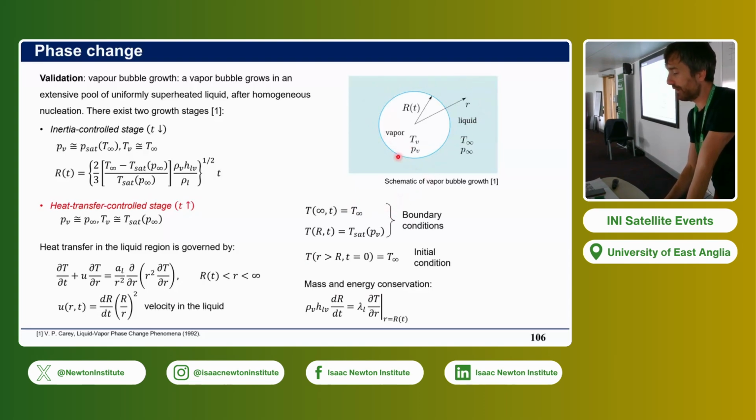At the bubble interface, you have saturation temperature. As initial condition, you set T infinite everywhere in the liquid. You have a few energy jump conditions to respect. This problem has an analytical solution, like I said, derived by Scriven. You can find the derivation in the original paper.